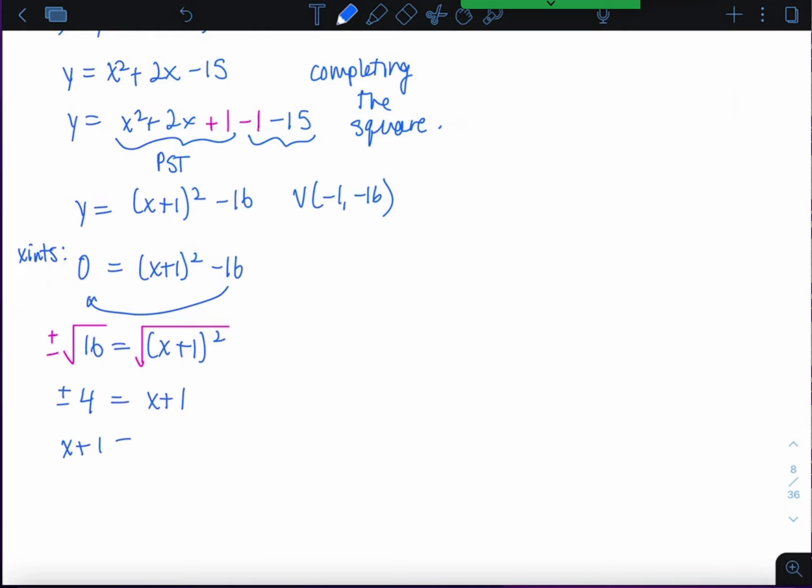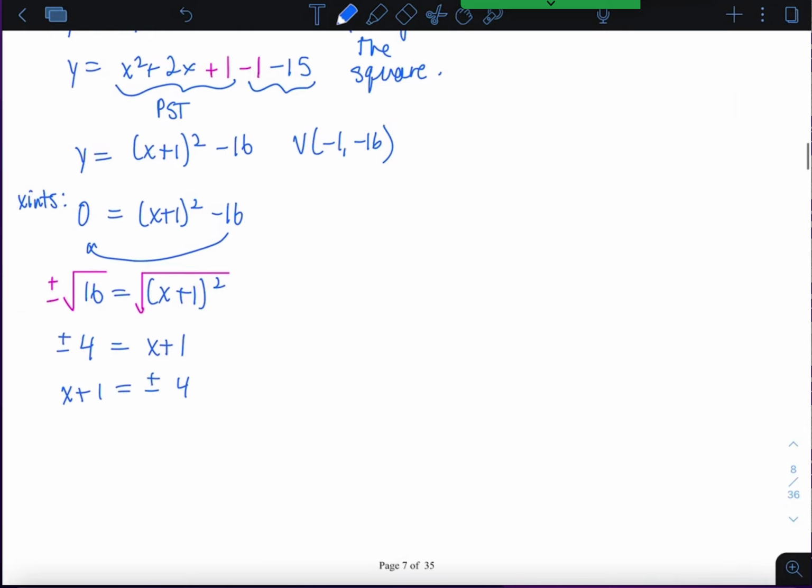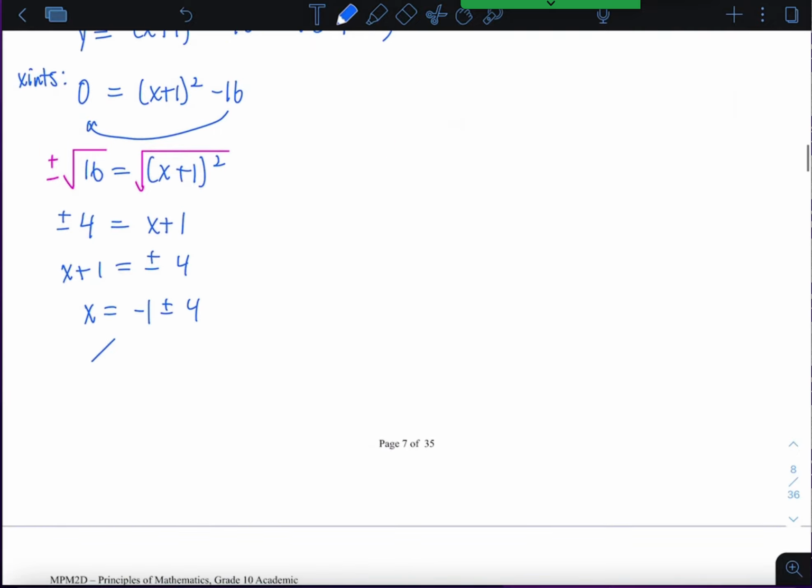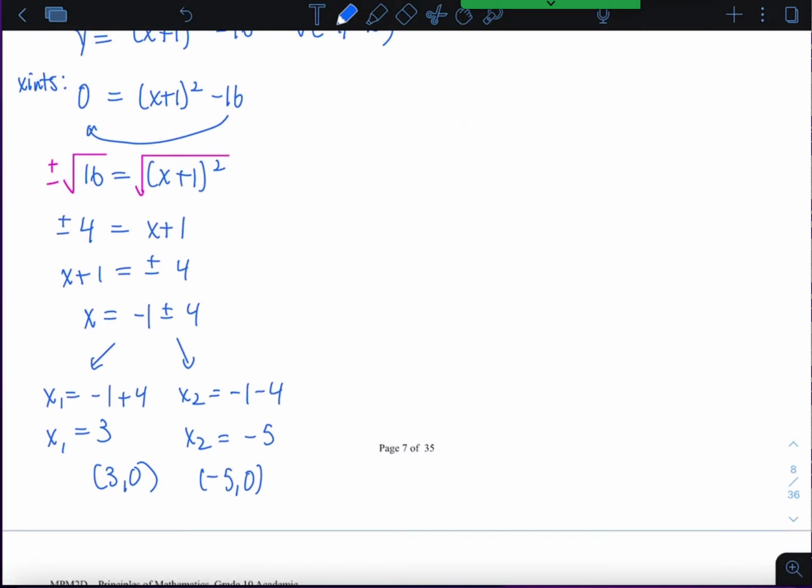So I'm just going to switch this around, and I know that my x-intercepts to this parabola are: x1 will be -1 plus 4, which is 3, and x2 is going to be -1 minus 4, which is -5. So we can say the x-intercepts are (3, 0) and (-5, 0).